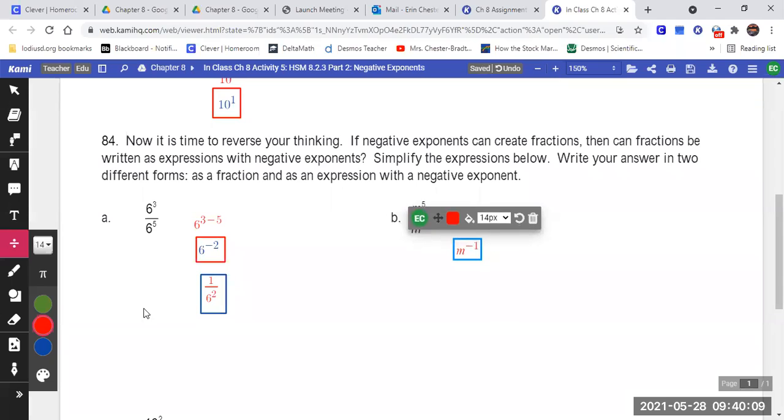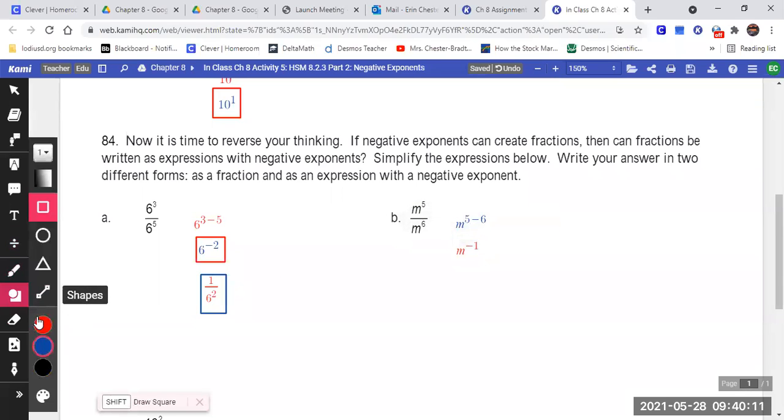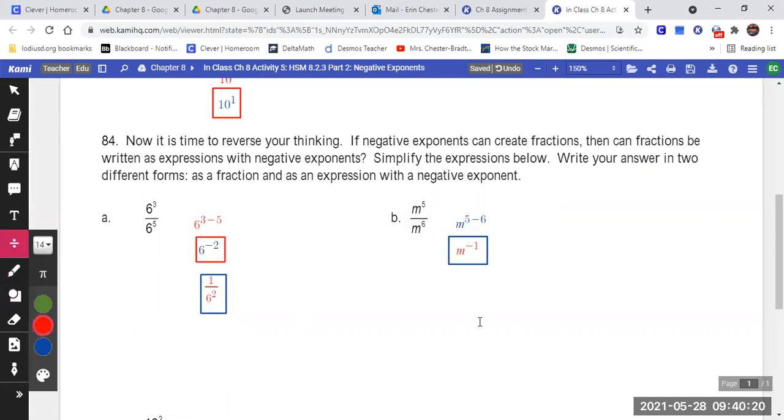Now we have to do our fraction version. How would we rewrite this as a fraction? Yeah, 1 over m to the first is the exponent form, but in the long run, 1 over m. Okay, these mean the same thing. I want you to get in the habit of writing both.